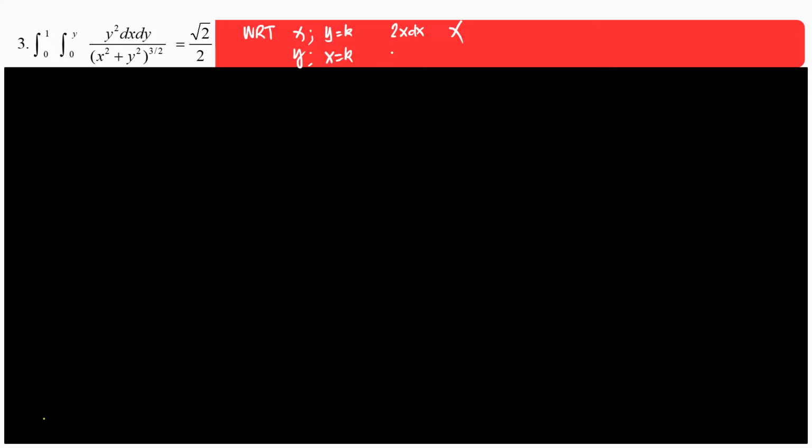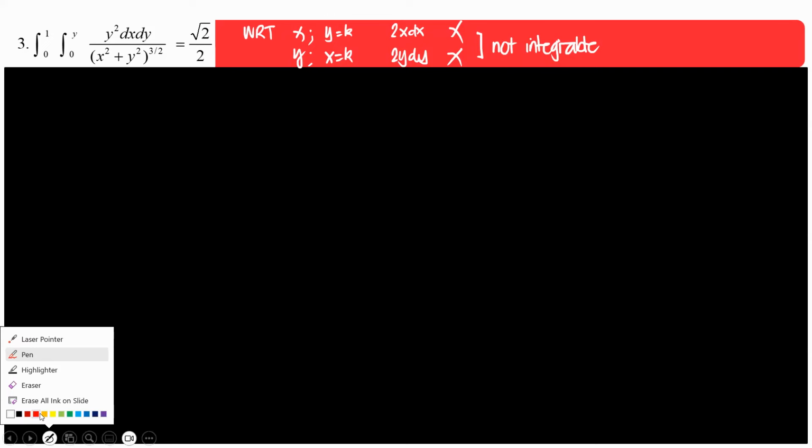If x is constant, you have to have 2y dy on top. What you have is y squared. So this one is not integrable for both. So what can we do? Maybe what we can do is change the coordinate system.